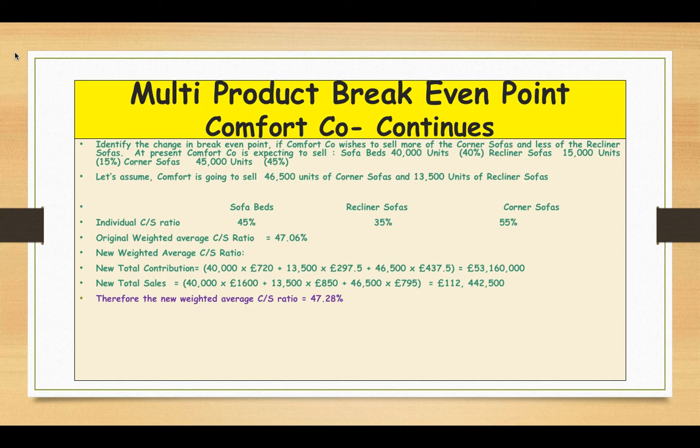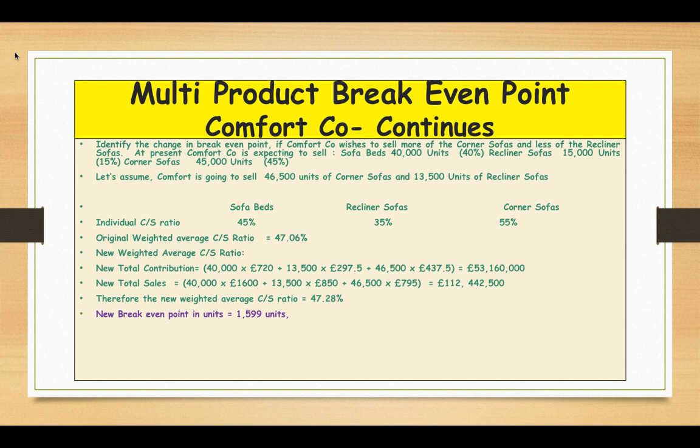So we can see our new weighted average contribution to sales ratio has gone up because Comfort is going to sell more of the high margin product, which is the corner sofa.